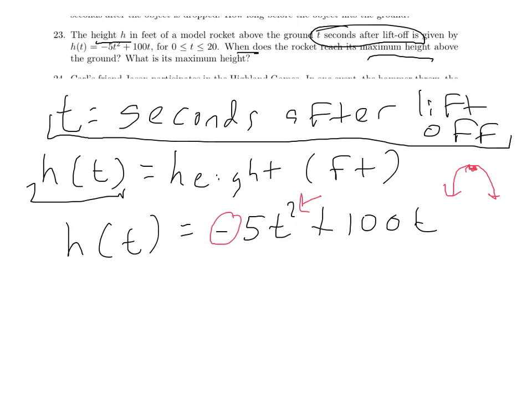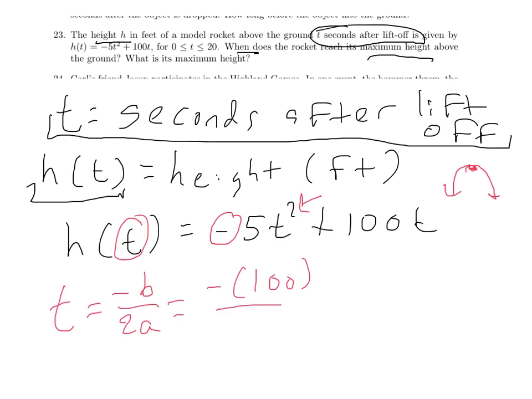Usually we look for the x-coordinate of the vertex, but in this case, we're going to be looking for our t, because t is in the place of where we usually see that x, that independent variable. So we have t equals negative b over 2a, and our b happens to be 100, and we're going to divide that by 2 times negative 5.